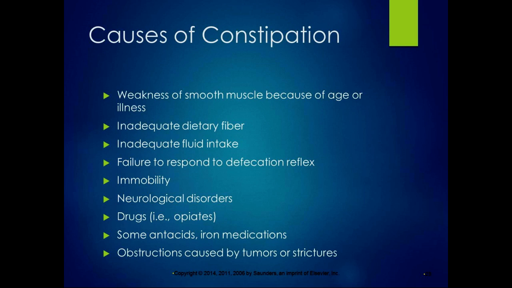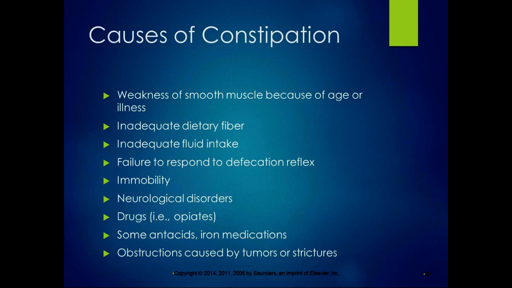Weakness of the smooth muscle because of age or illness can cause constipation. Inadequate dietary fiber, inadequate fluid intake. Failure to respond to the defecation reflex. That reflex is created when the rectum is stretched, and if your body doesn't respond to it, nothing happens. Immobility.